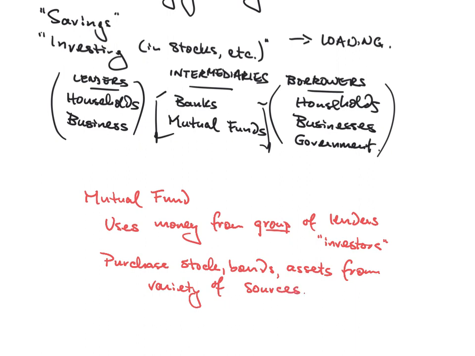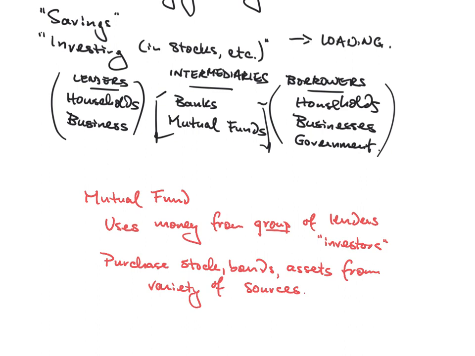So instead of you going out and deciding you are going to buy a stock in one company, or you deciding that you're going to buy stock in 2 or 3 different companies, you give your money to a mutual fund, and then the mutual fund does the research of identifying the 20 best companies to buy stocks in, and it purchases stocks in all of those companies on a large scale for a large group of people.